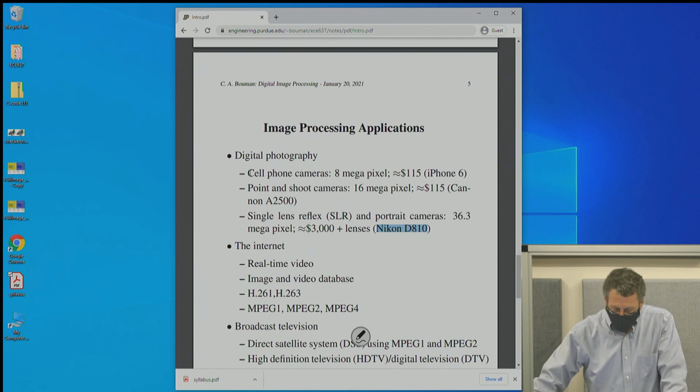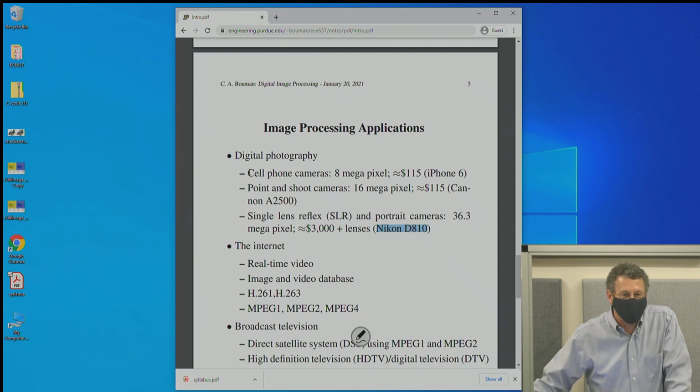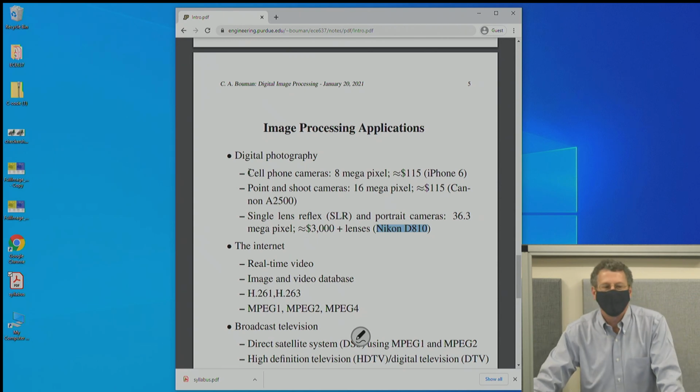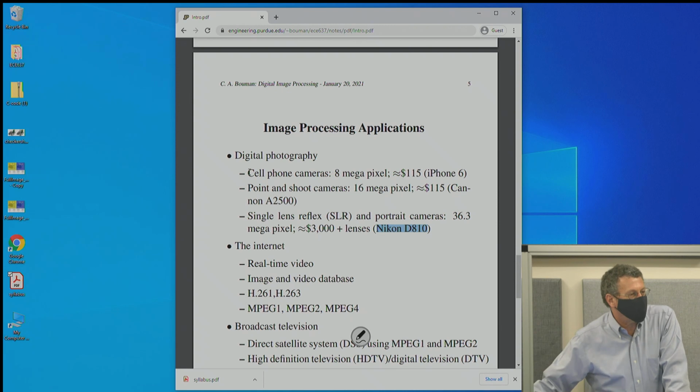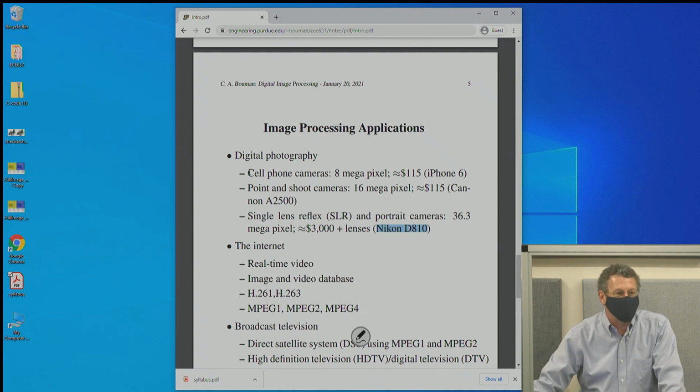We bought, in the early 1990s, a Kodak DCS 460C that was 6 megapixels. Okay, 6 megapixels. It was one of the first commercially available professional digital cameras. Okay, guess how much it cost for the camera body?